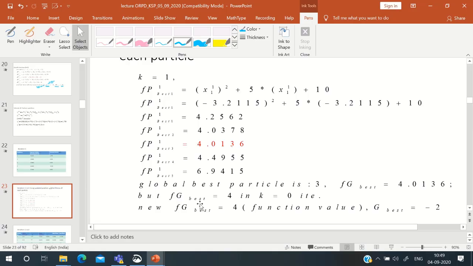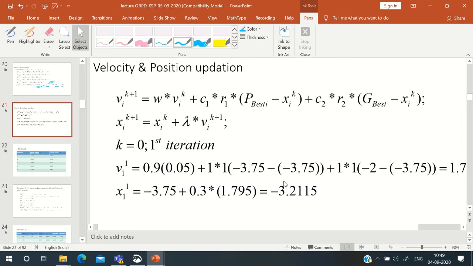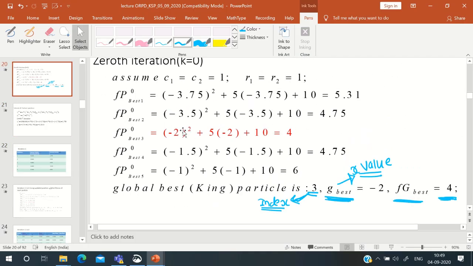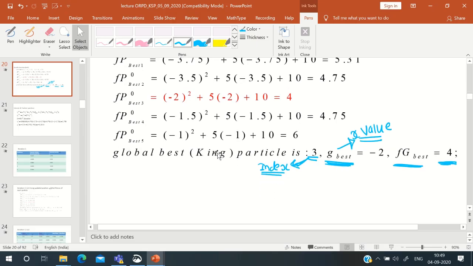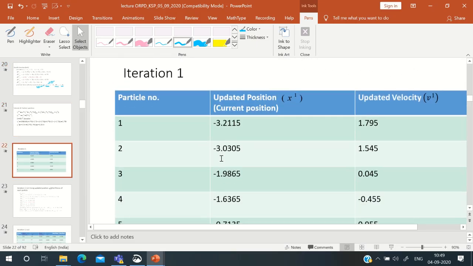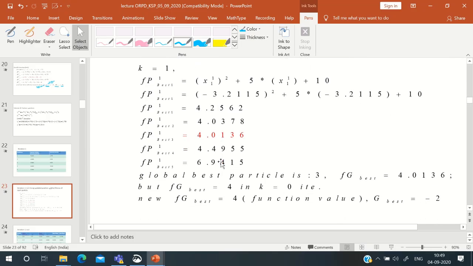The new fg best is 4, and the corresponding x value, g best, is -2. So in the next iteration we will consider g best as -2. One point is certain.